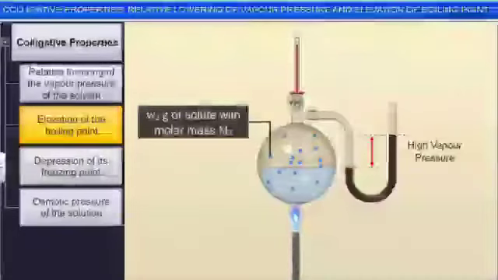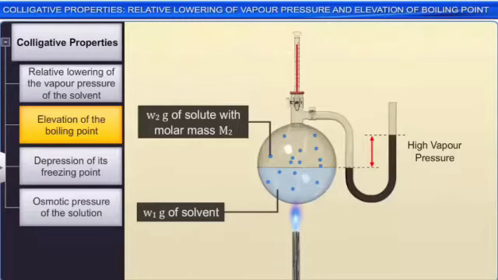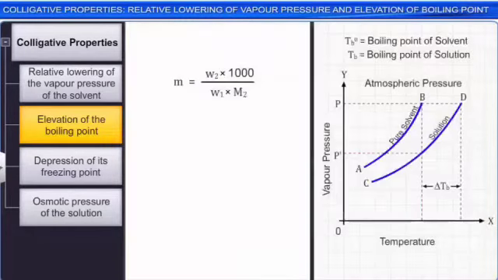If W2 grams of a solute with M2 molar mass is dissolved in W1 grams of a solvent, then molarity m of the solution is given by W2 multiplied by 1000 divided by W1 multiplied by M2.